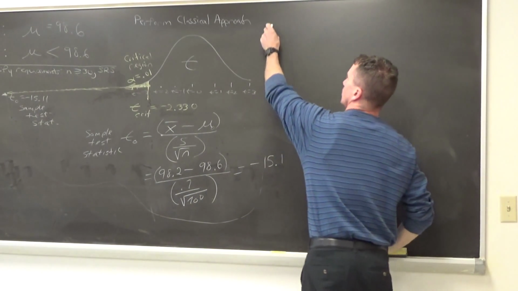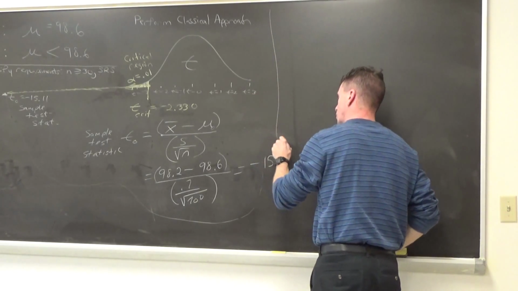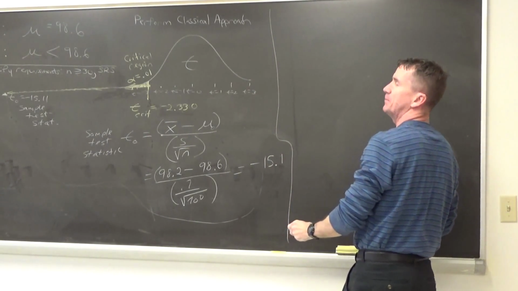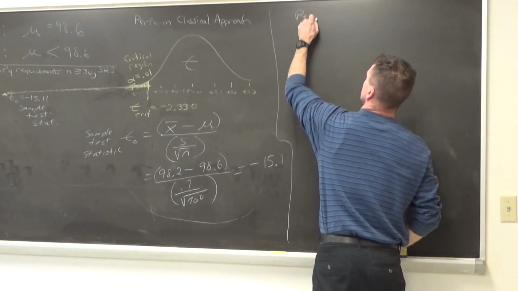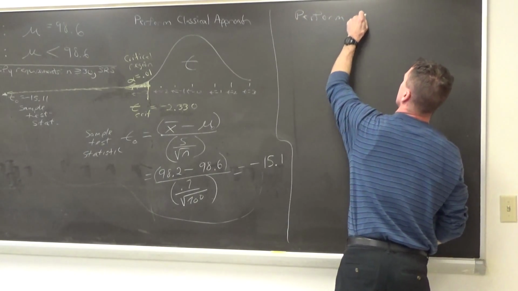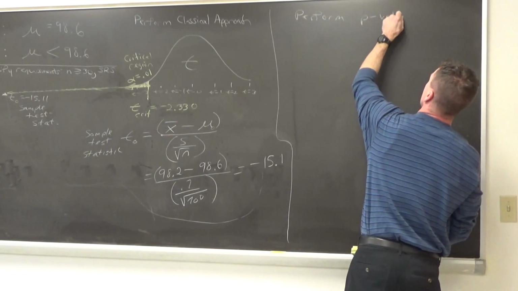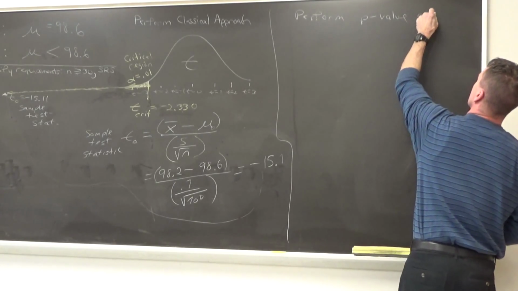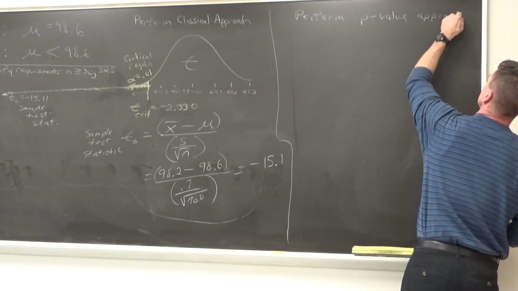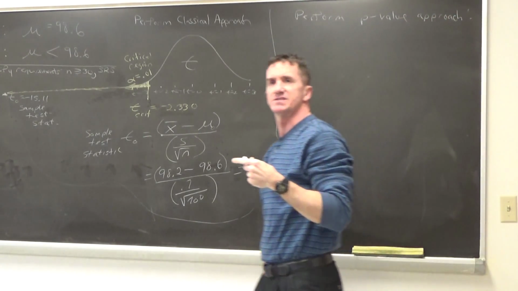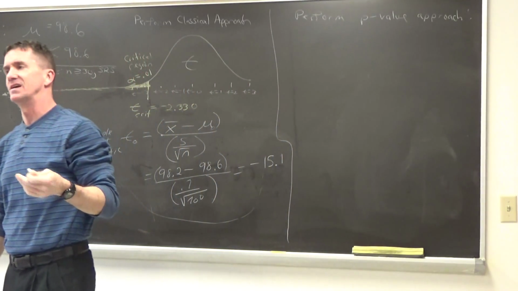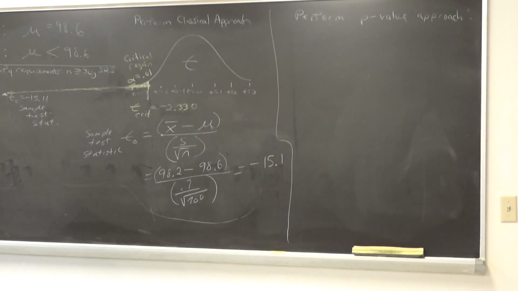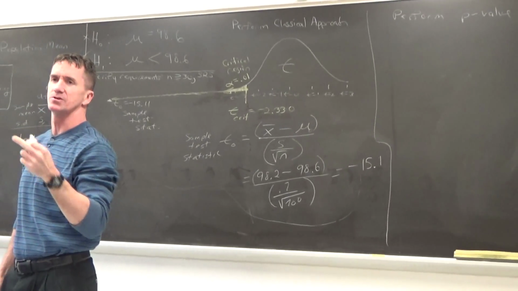We are now going to put up a little wall here. Everyone, we are going to perform the p-value approach. Yes, we'll do both. This complements this, even though we already know the solution. We know the answer. This is going to complement this because the p-value is important to us.